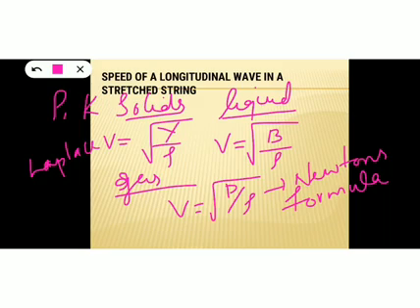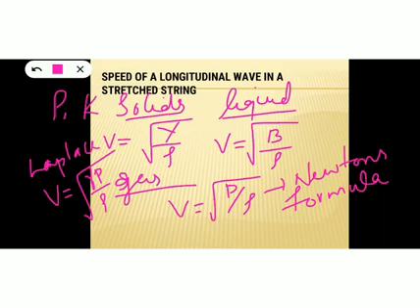You might have already learnt about adiabatic and isothermal processes in your chemistry classes. So in such cases, we need to modify this expression to v is equal to square root of gamma P by rho, where gamma is the ratio of specific heat capacity at constant pressure and at constant volume.